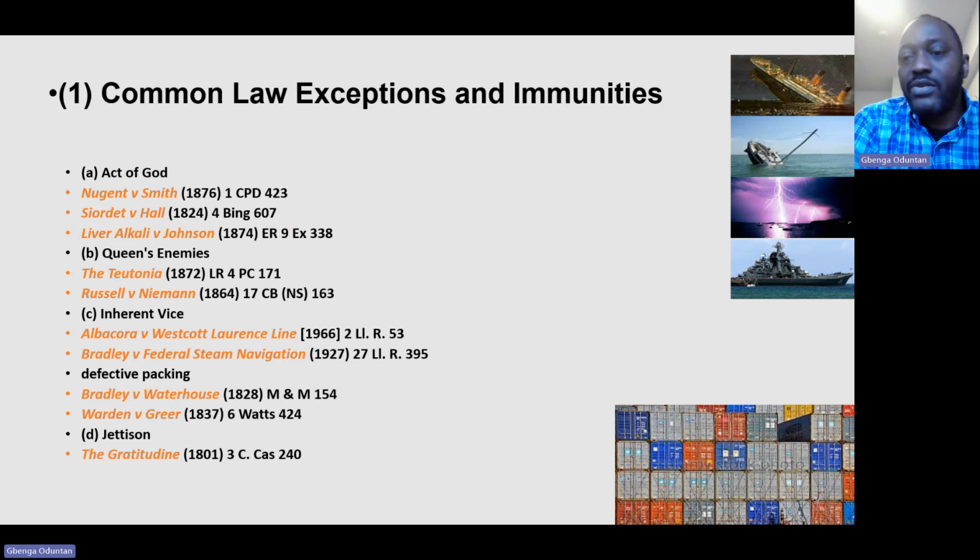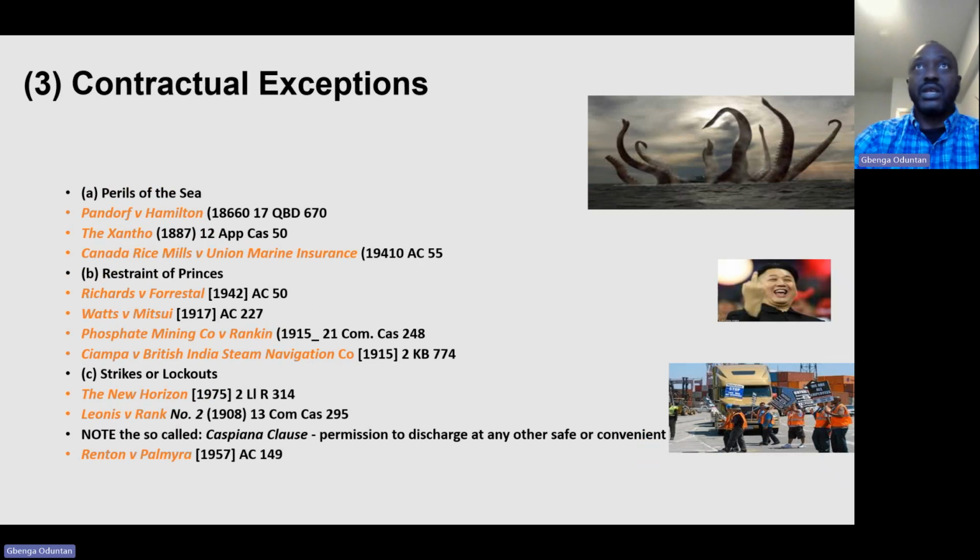Jettison, when due to maritime practice of safety, the load on the ship needs to be reduced, and things need to be thrown overboard to stabilize the ship. That's an exception that, for instance, the ship owner can rely on. Perils of the sea.